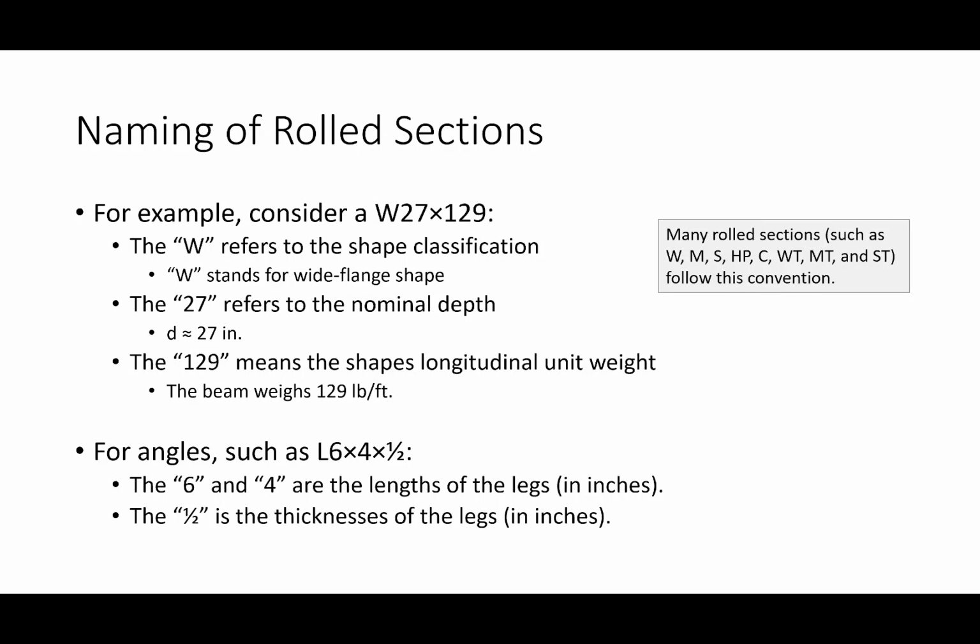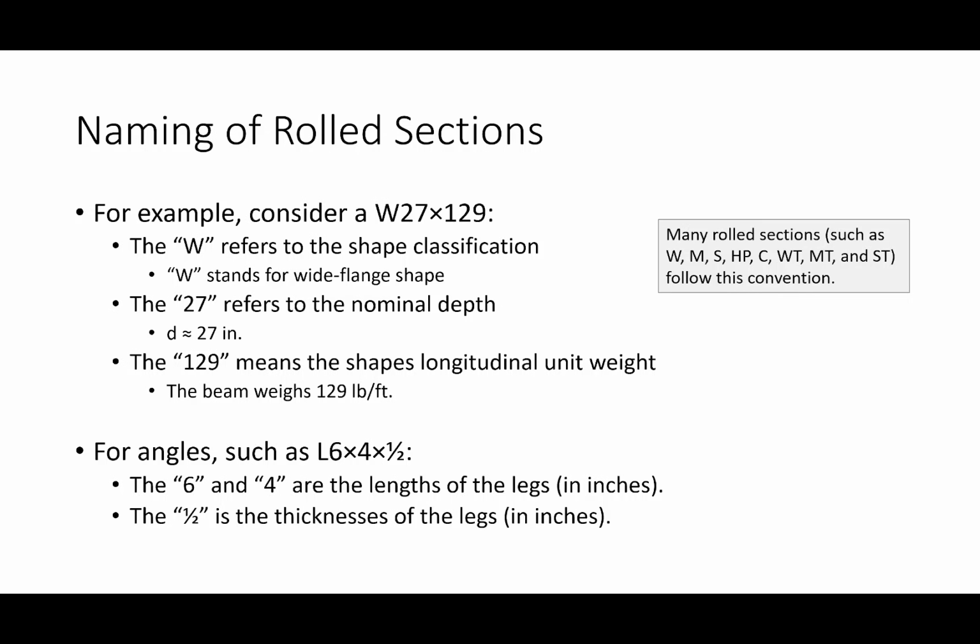The reason is that if you look at all of the W27s in the manual, there is some variability in that design depth. But that family of W27s has an approximate depth of about 27 inches. The 129 refers to how heavy it is.